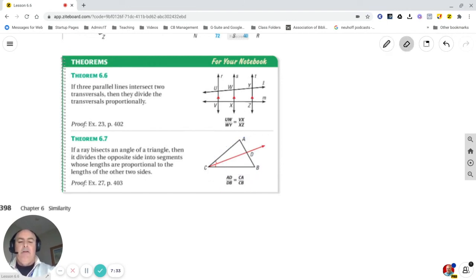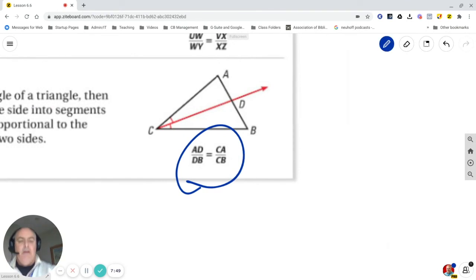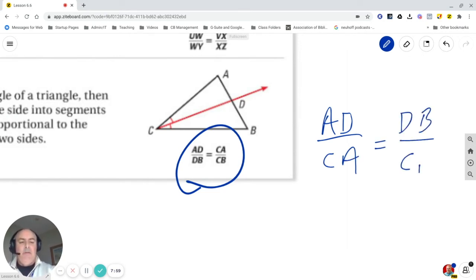However, if I want to work within a triangle instead of across my triangles, I can still cross multiply, and I can go from this to where I have AD over CA equals DB over CB. So now I'm kind of working within one set of triangles.